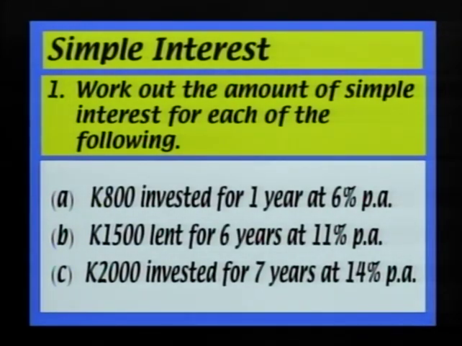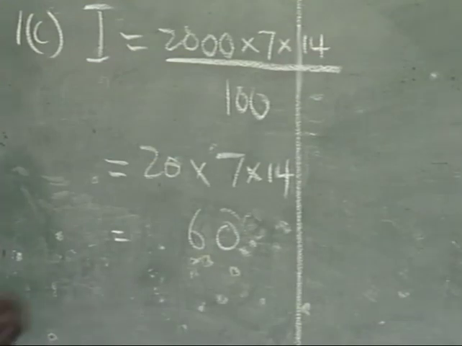I don't know, is the answer 2060? No? 1,960, oh yeah. 2 nines are 18 plus 1, 19. Okay, 1,960.